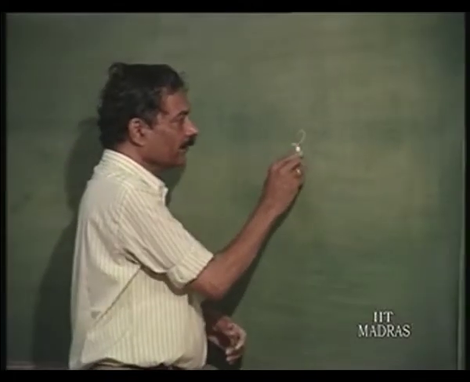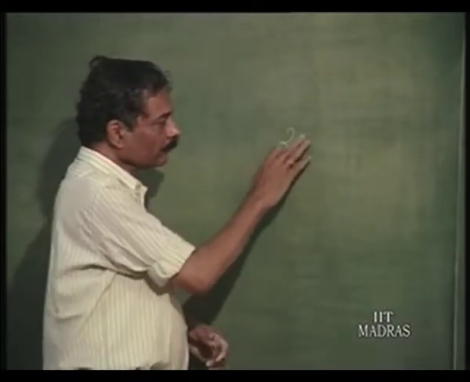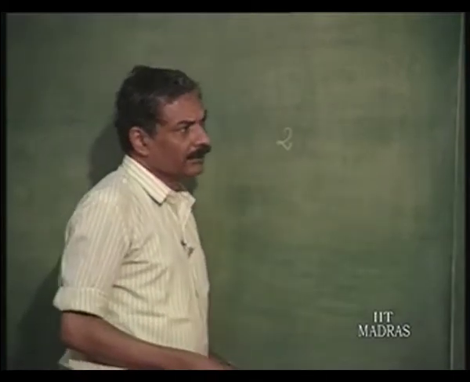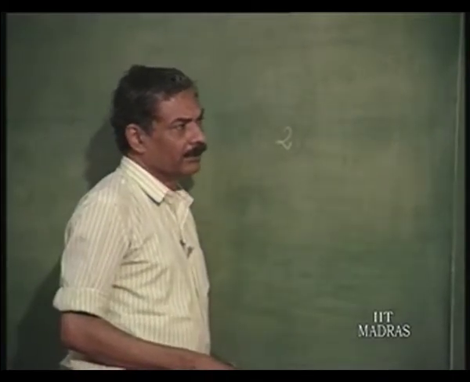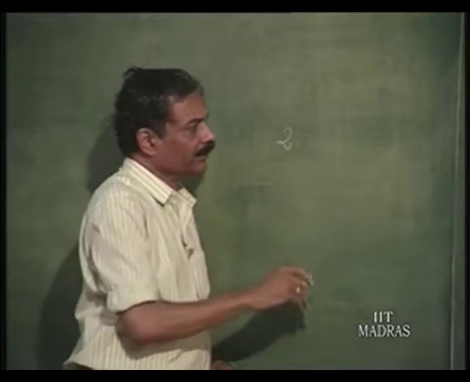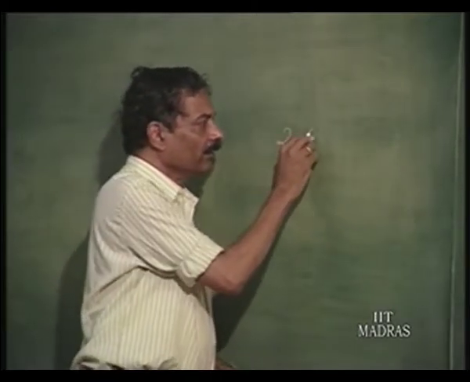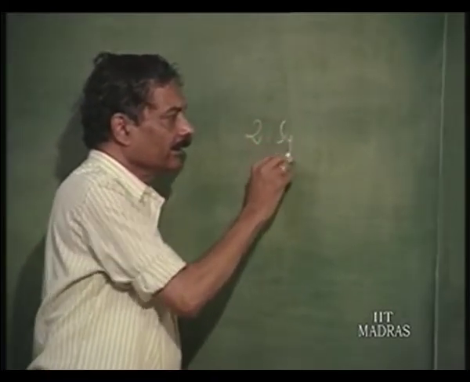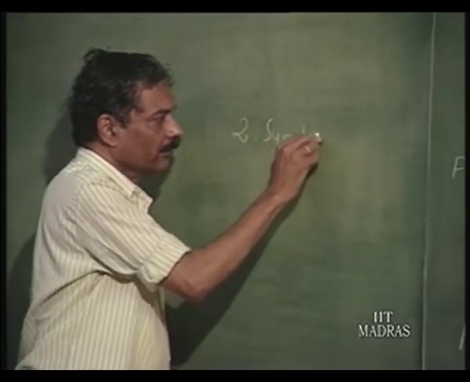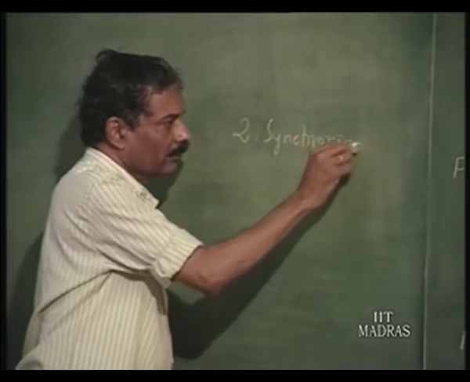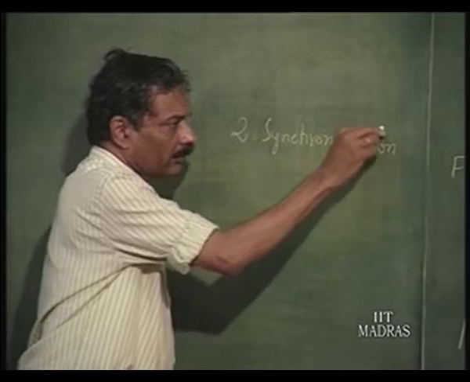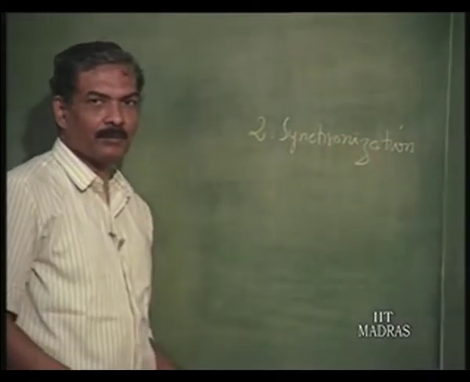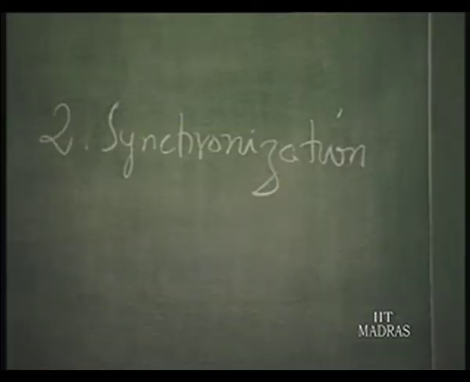Another indirect way is, this can be considered as something that is similar to signal conditioning. This is called synchronization. Extracting the synchronization pulses, okay, or synchronization frequency from a composite video signal.